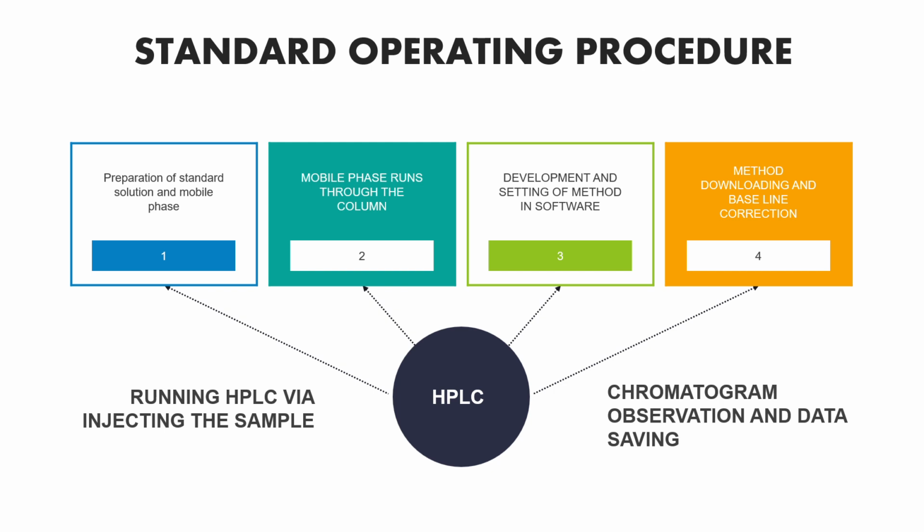Now we have to open the software, that is the OpenLab software on HPLC. Next, we develop the method by setting method parameters in the instrument status, isopump and VWD, and save the method. Next, we click on file, open method control and download method. Then we start the baseline of the mobile phase and correct it to zero.